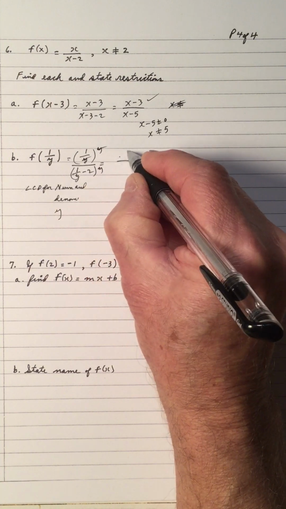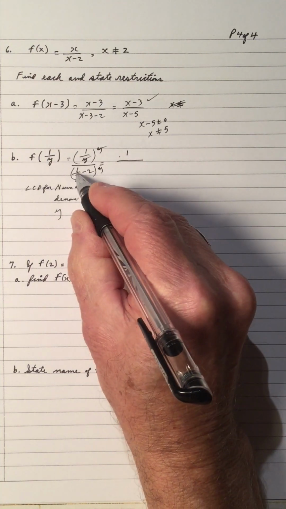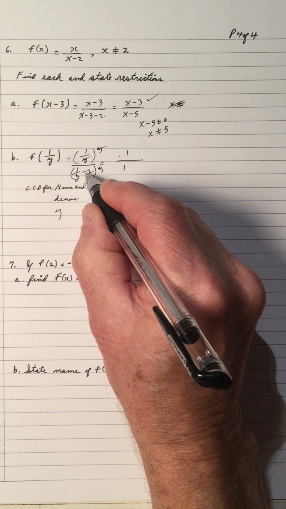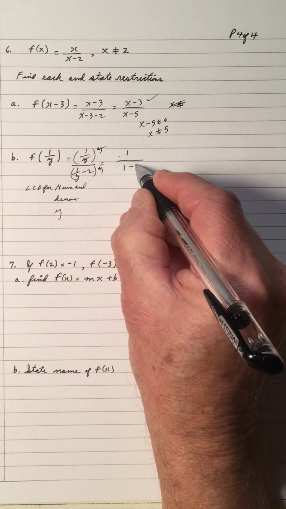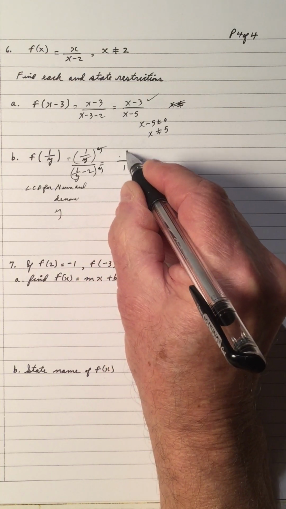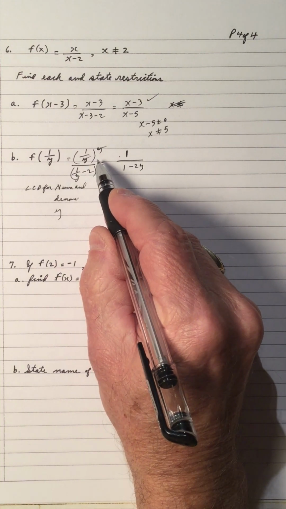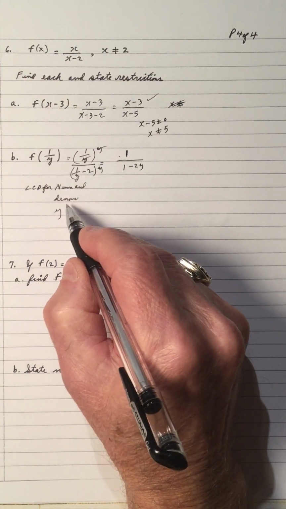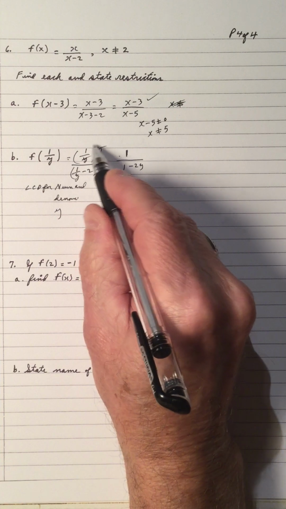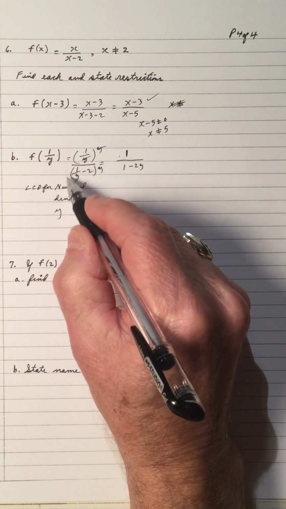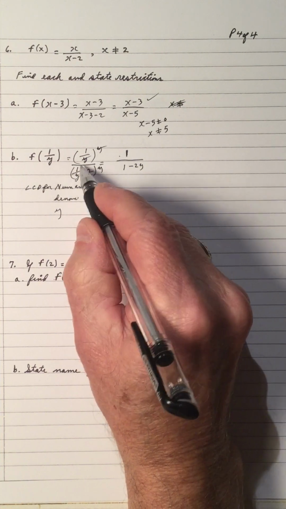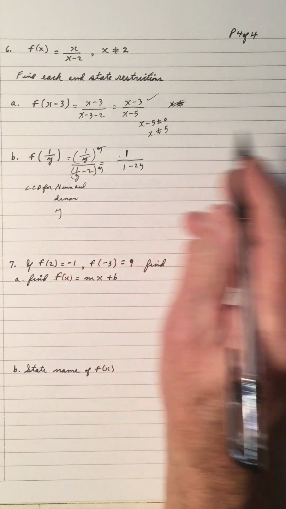The y's cancel, I get a 1. Y times 1 over y gives me 1. And negative 2 times y gives me negative 2y. So because I have a complex fraction, I find the LCD for top and bottom and multiply the numerator and the denominator by that LCD. And every denominator should cancel out.